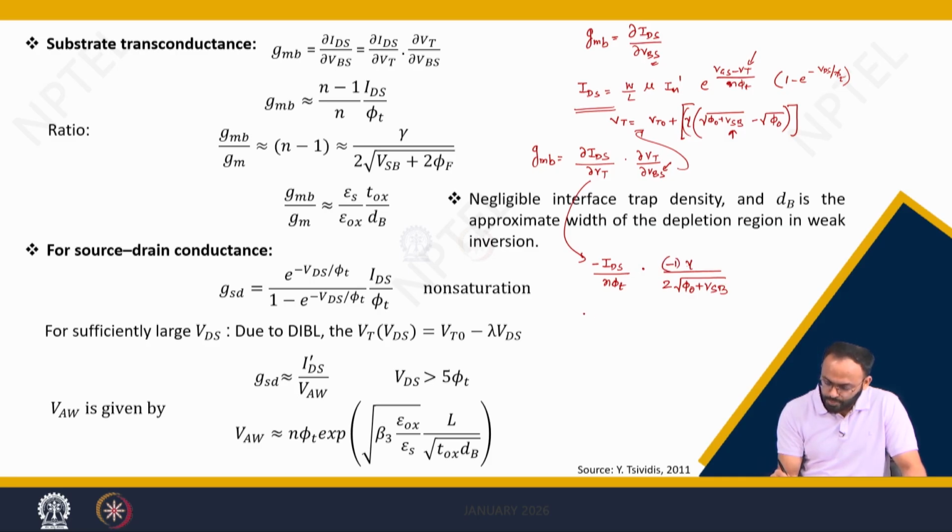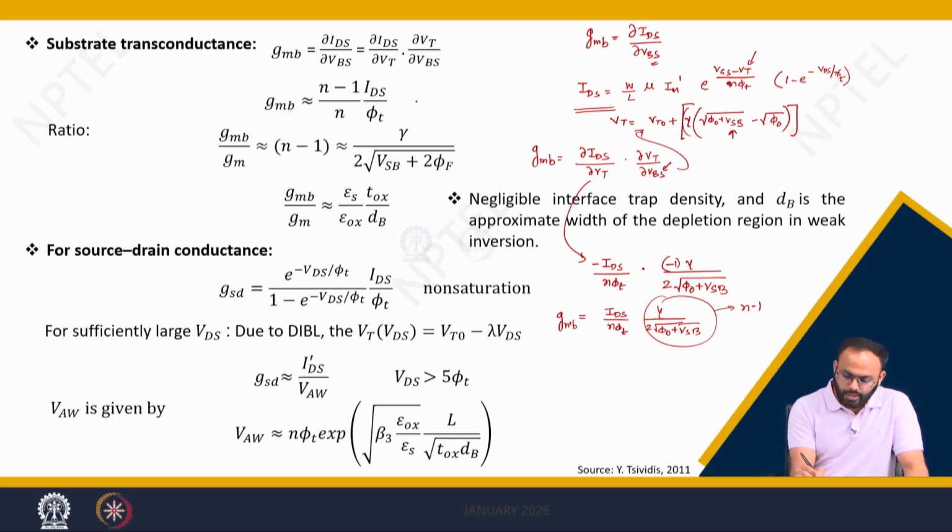So this minus and minus plus, you are left with GMB equals IDS divided by n into phi t into gamma divided by 2 times the square root of phi naught plus VSB. This factor is nothing but n minus 1. So here you can define GMB equals n minus 1 by n into IDS divided by phi t. We have just derived that IDS by n phi t is GM. So GMB divided by GM is nothing but n minus 1.